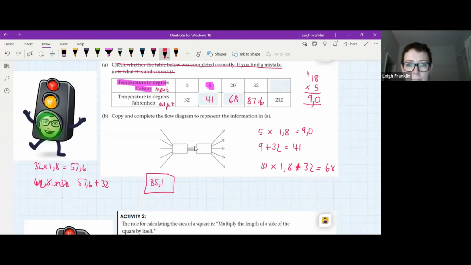I said 212 minus 32, and then I divided by 1,8. Just say that again, Asimahle. I took 212 divided by 1,8 minus 32.